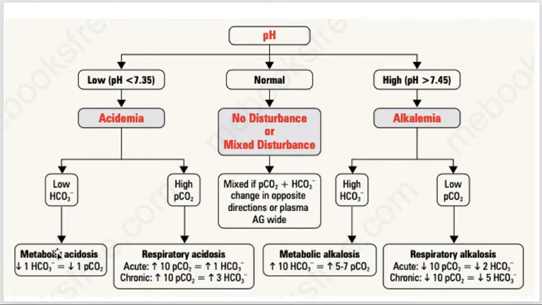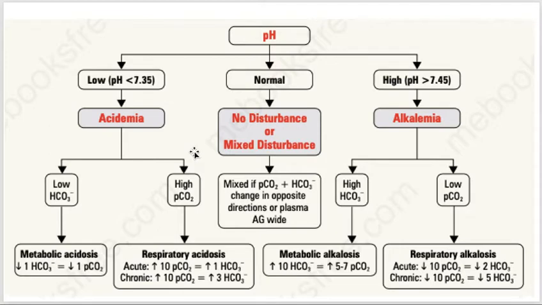Now of course our body has a very good mechanism to bring the pH to normal values. Whenever someone is going into respiratory acidosis, the kidneys try to compensate. Whenever anyone is going into, for example, metabolic acidosis, the lungs are those which try to compensate.